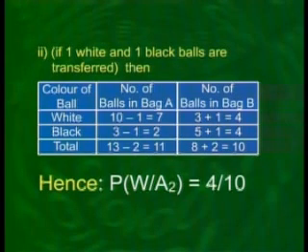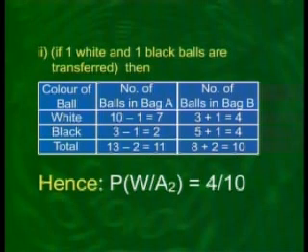Also, the total number of balls in the bag is 8 plus 2 equal to 10. Hence, the probability of obtaining a white ball from the bag number 2 in this particular situation is 4/10.